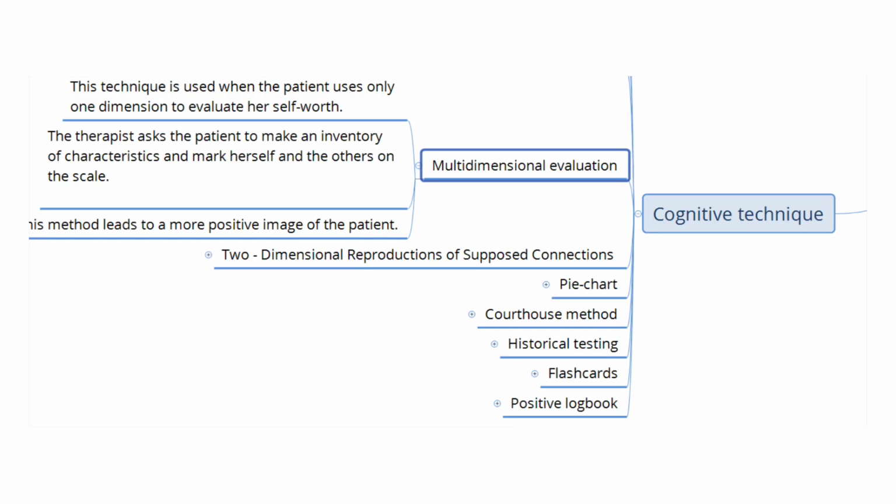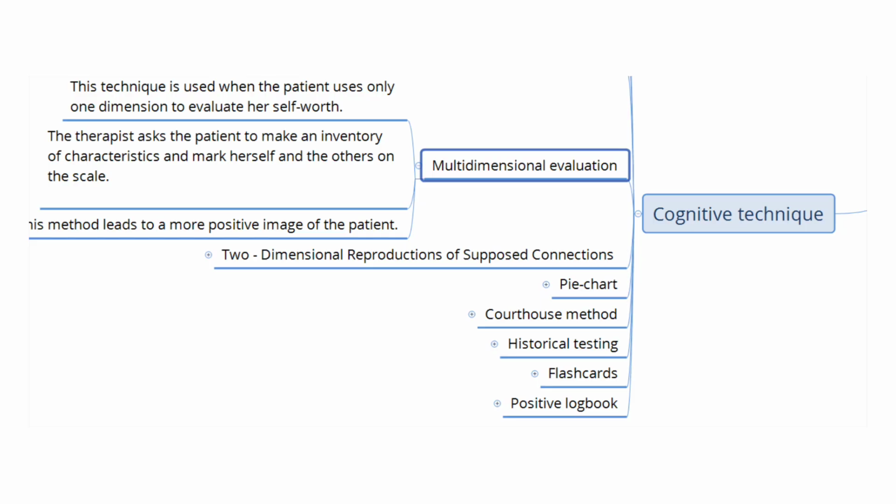Once these characteristics have been listed, the therapist asks her to rate the people she knows on the different scales, the range being 0 representing the lack of the characteristic and 100 representing the presence of the characteristic.